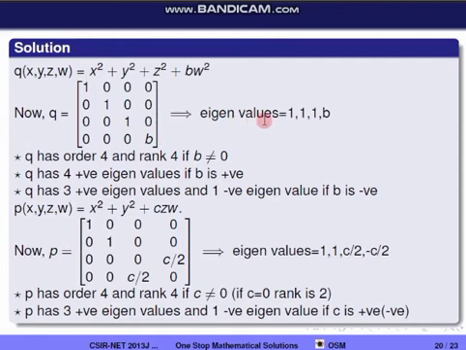So eigenvalue is equal to 1, 1, 1, b. So we know this is a 4 by 4 matrix. So Q has order 4 and rank is 4 if b is non-zero. And Q has 4 positive eigenvalues if b is positive. And Q has 3 positive eigenvalues and 1 negative eigenvalue if b is negative.